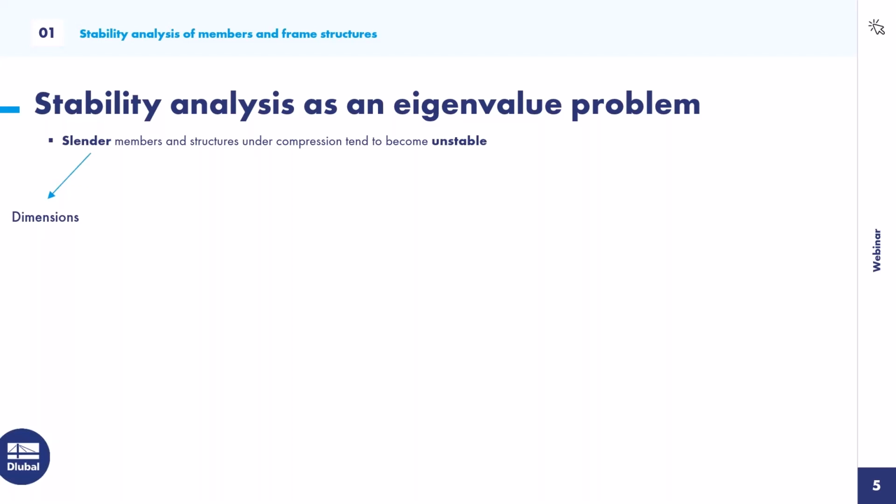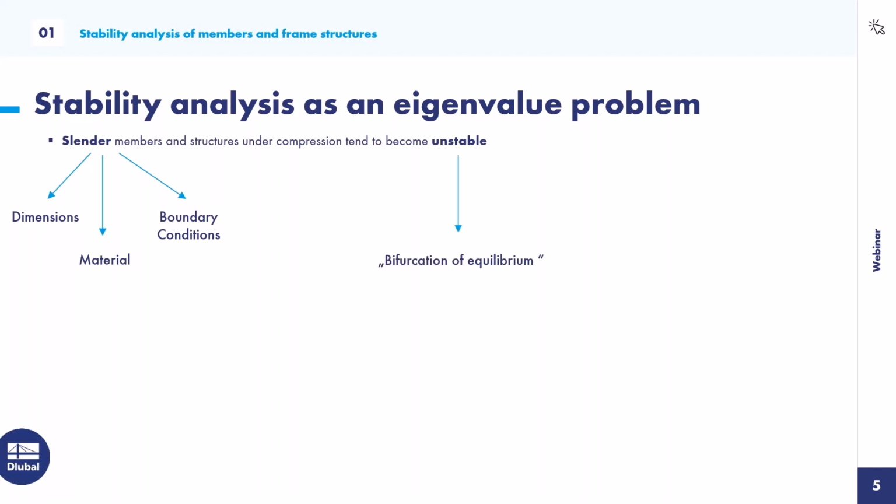The greater the length of a structure or member compared to the cross-sectional dimensions, the more slender and prone to instabilities it is, but it's also related to material properties. If I have a material that has high strength and low stiffness, then it's more likely that stability failure will be the critical design element as opposed to cross-sectional failure. And then lastly, the boundary conditions, of course, play a major role. If I have rotational restraints or lateral restraints for our member, it's not that likely to become unstable.